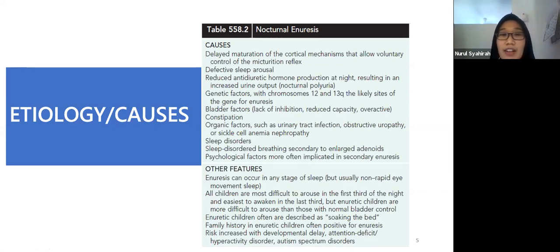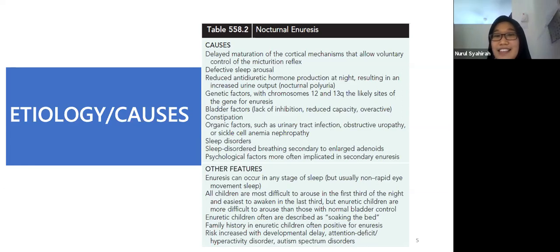Other organic causes include UTI, obstructive uropathy, or sickle cell anemia nephropathy. Then sleep disorder, and also sleep disordered breathing secondary to enlarged adenoids, and also psychological factors, which are more often in secondary enuresis, where the child may have stress such as trauma, abuse, or parental conflict that can lead to enuresis.